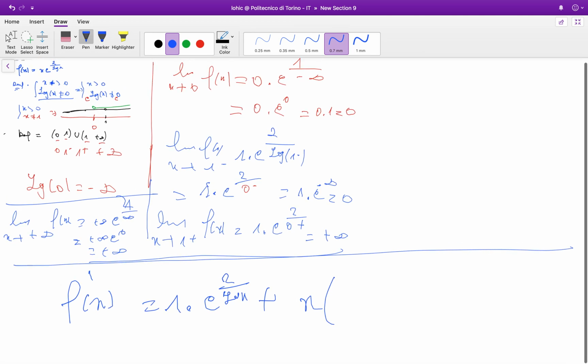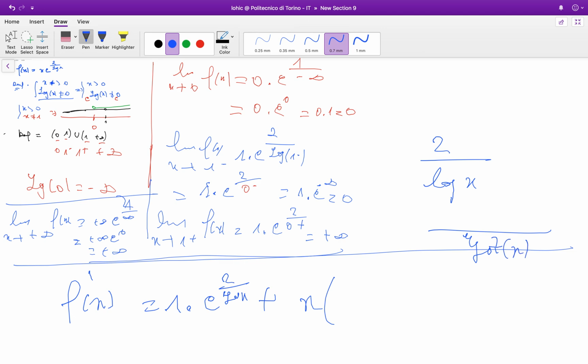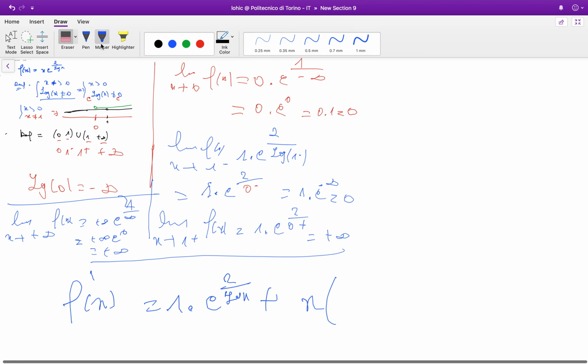The derivative of 2 over log of x, if I take 2 over log of x, the derivative will be, the denominator is log square of x, right? And let me cancel and write it better. I repeat that I need the derivative of 2 over log of x.